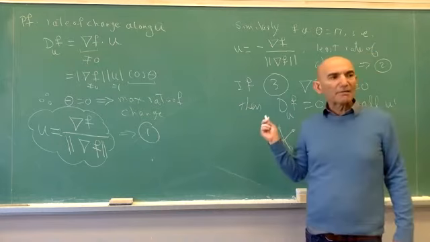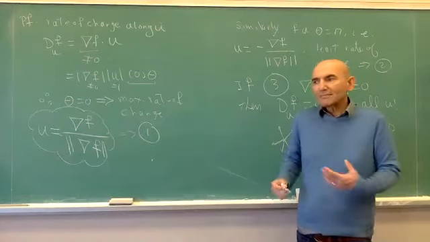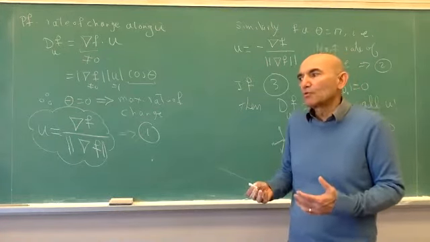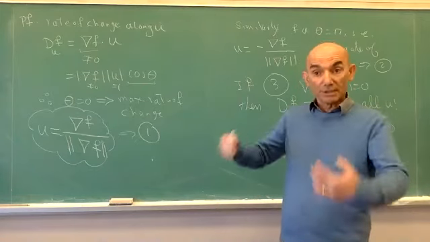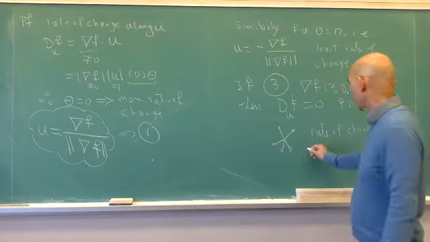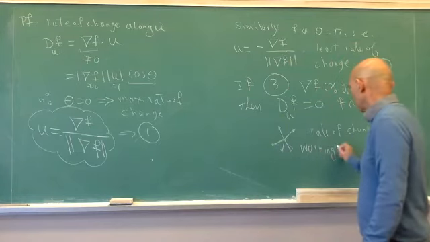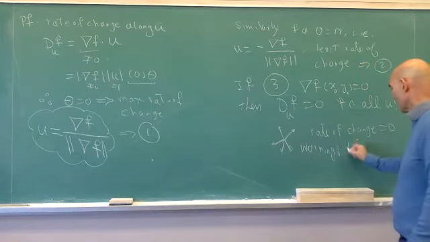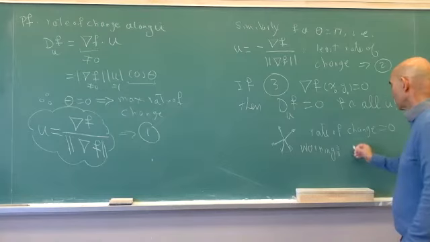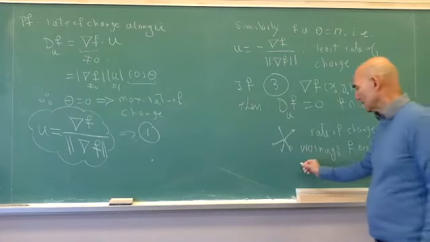But does it mean that the function is constant? The function doesn't change infinitesimally, up to first order terms, but there might be higher order terms that change it. So I have to warn you that this does not mean that the function is constant. f need not be constant.